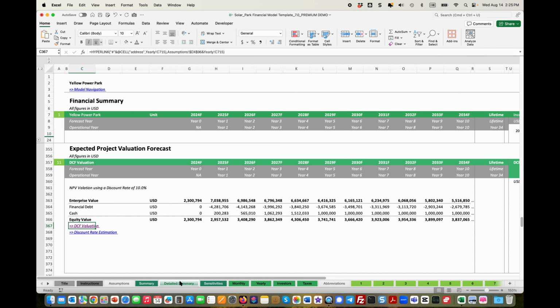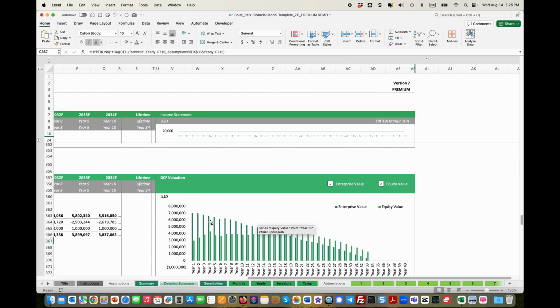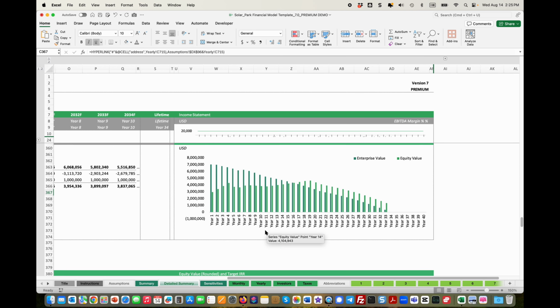And this is basically what the chart is telling you: as the park gets older and less lifetime is remaining, it will decrease in value. And we do this here for enterprise value and equity value, where we deduct the financial debt and add the cash on the balance sheet, and in this case it follows the same pattern.